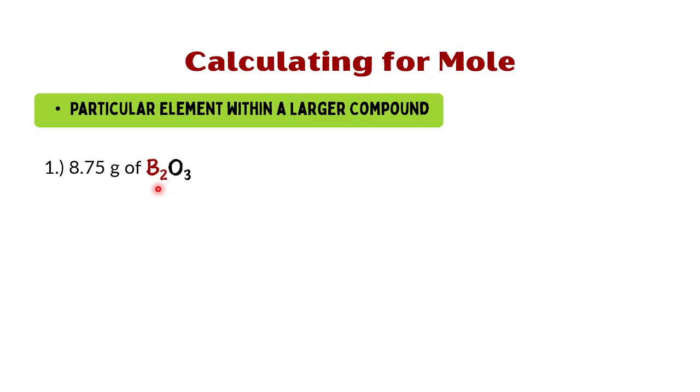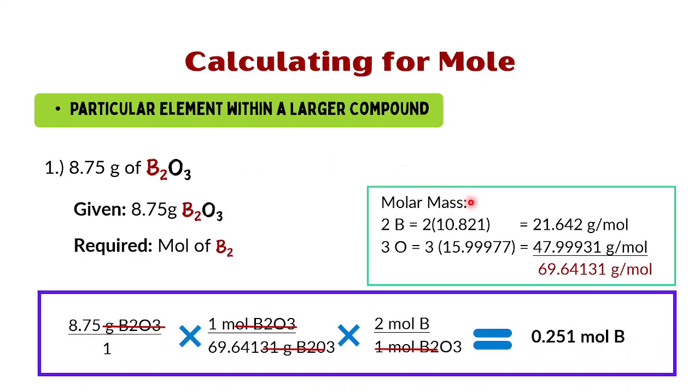And then we were not given the molar mass, and so what we did was we calculated the molar mass. So what is given is the mass, and then we are required to determine the mole of boron. So for the molar mass of this whole compound, the boron trioxide, we have here this value.